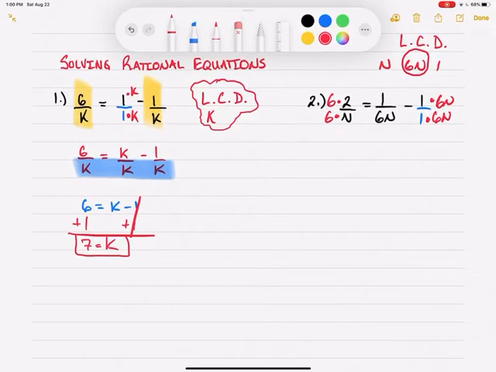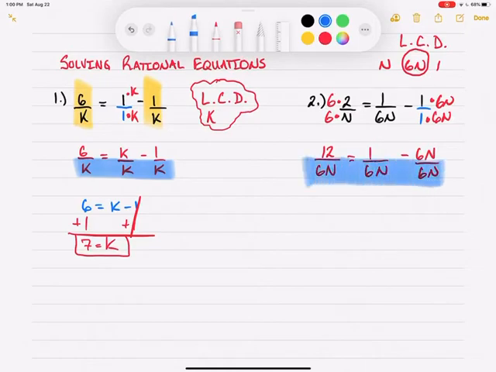So now I have 12 over 6n equals 1 over 6n minus 6n over 6n. All of the denominators are the same, so I'm just going to worry about what's up top now, which is 12 equals 1 minus 6n.